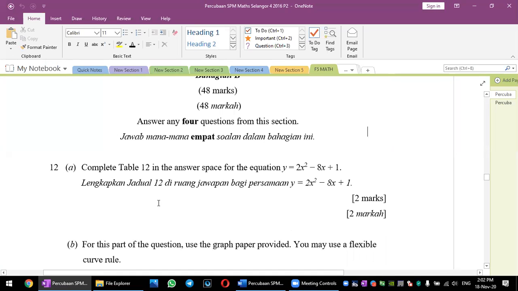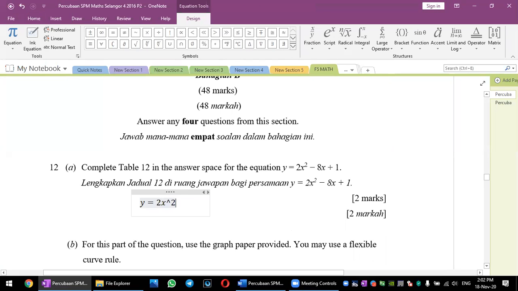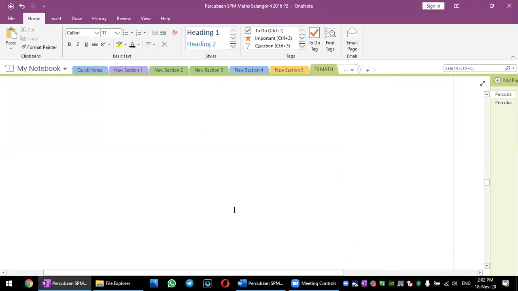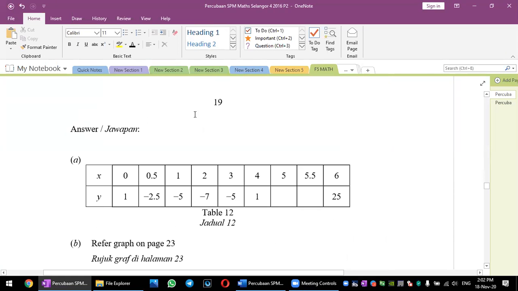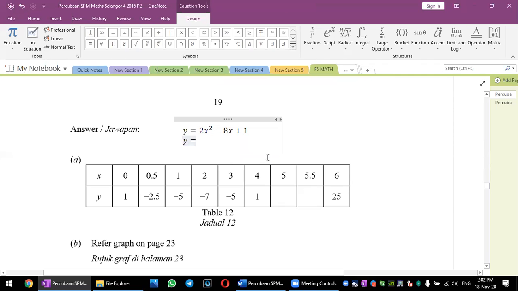Okay, kita tengok soalan 12A. Soalan 12 mesti adalah lukis graf. So I write down first, and we are going to fulfill this table. What you do is you just find the y when the x is 5. Tekan calculator kamu.